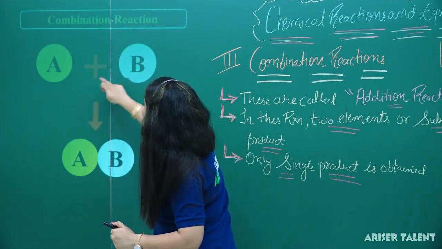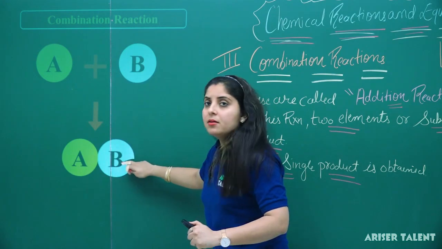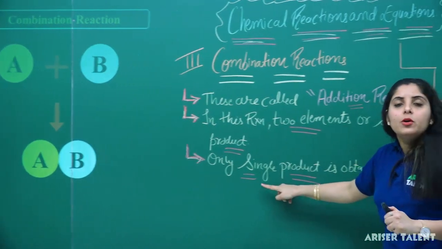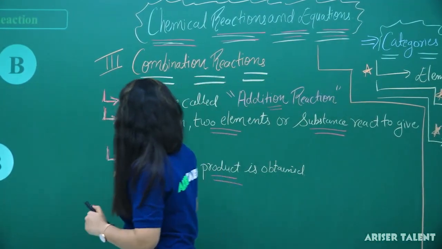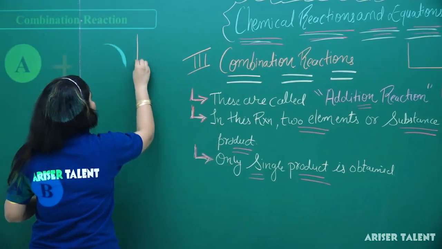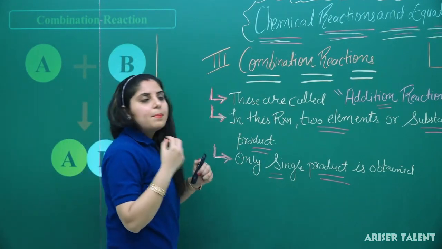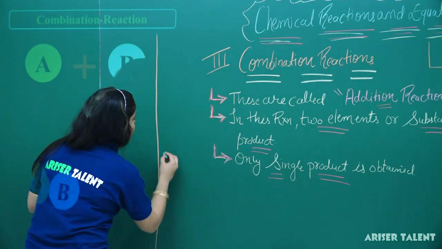After the combination of both of these, we will get A and B. This is only a single product that I have told you, we will get only a single product in a combination reaction. Now, this is a basic representation of the combination reaction. We will consider some examples of the combination reaction.